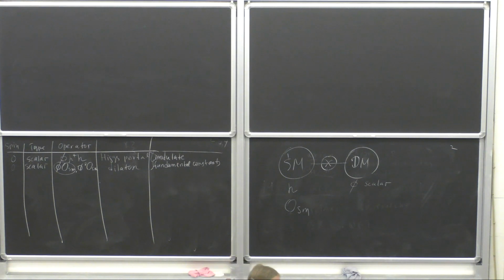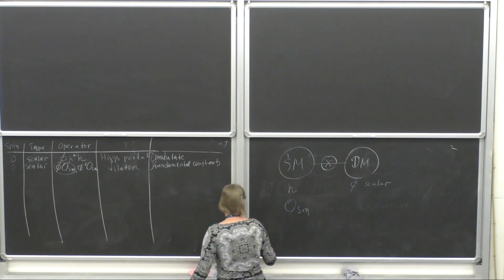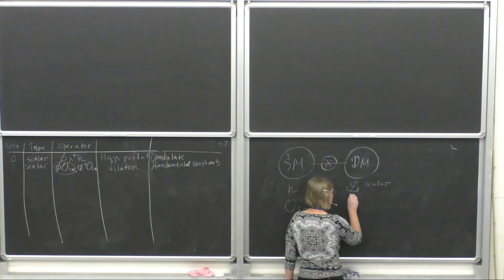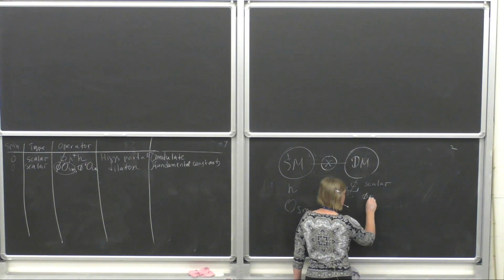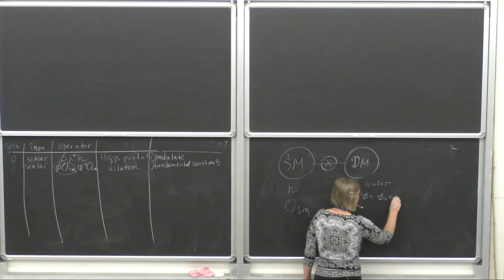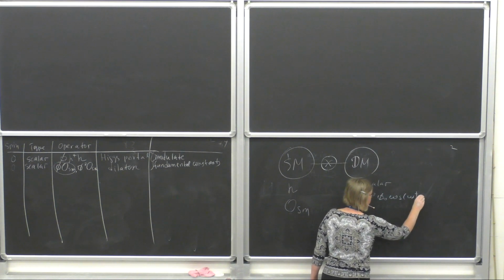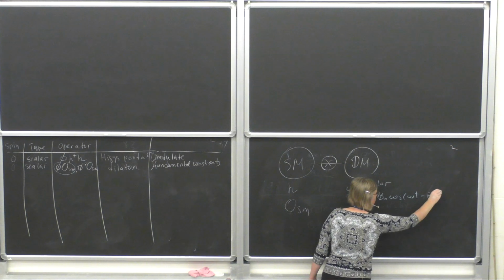Can you repeat exactly what frequency the peak would be? What is the physical significance of the peak of this Fourier transform? So you have the scalar, which is oscillating at this frequency.